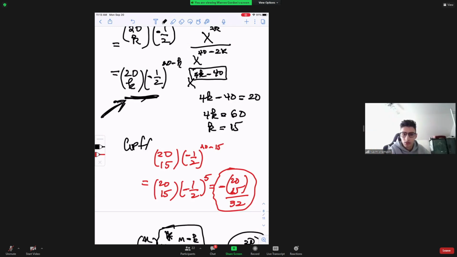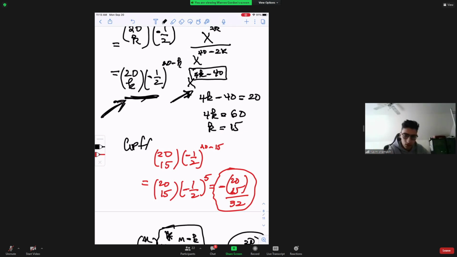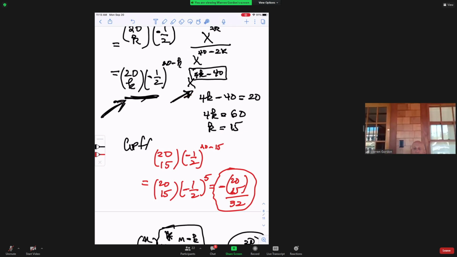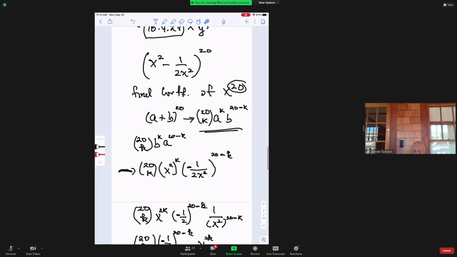Yeah. Okay. So when I got to this spot, this is my power in x, right? Right here. And the question was, we wanted the coefficient of x to the 20th here. The problem was to find the coefficient of x to the 20th in this expansion, the coefficient when you multiply it out.